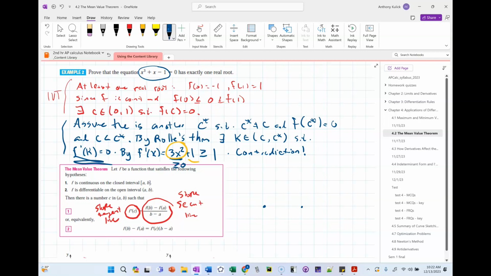If we take a look at the derivative, we see that the derivative is always positive, so setting the derivative equal to 0 has no solution, and that's our contradiction. We assume there's more than one 0, use Rolle's theorem to say somewhere in between those two solutions the derivative has to be 0, but this one can't be 0, and we're done.